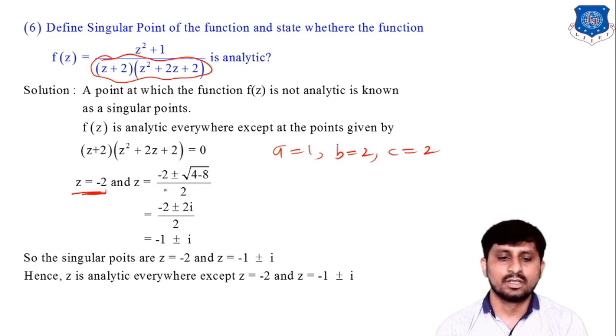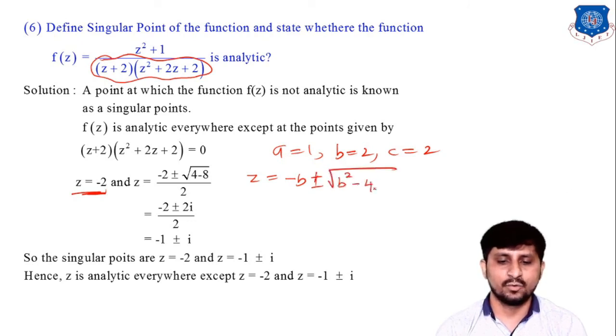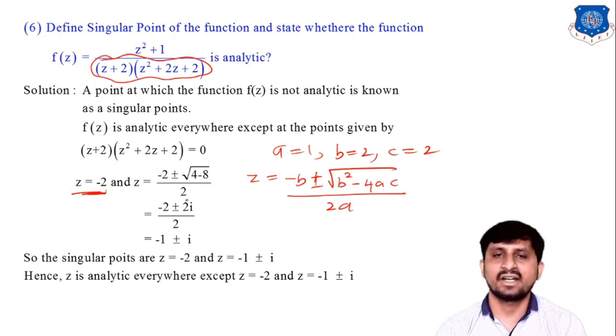What is the formula to find the roots of this quadratic equation? z is equal to minus b plus or minus square root of b square minus 4ac, divided by 2a. So the value of b is 2, so minus 2 plus or minus square root of b square, that is 4, minus 4 into ac, that is 8, divided by 2.